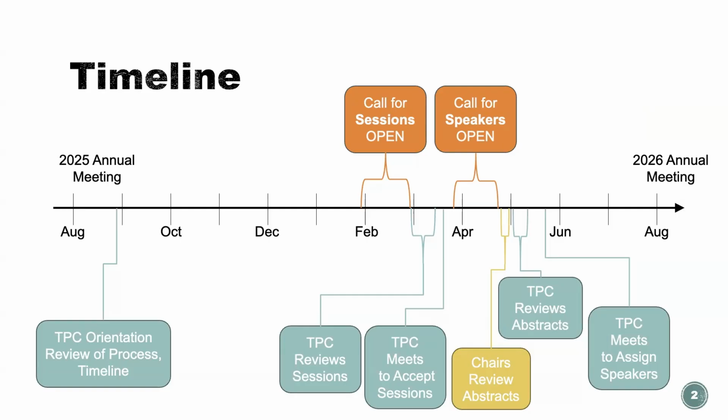It'll be open for about a month, and then the TPC will go through its review process and select some sessions to be in the annual meeting. Then the call for speakers will open again for about a month, and then there will be another review round. And then in mid-May-ish, late May, we'll have the program ready to go for the annual meeting in 2026.